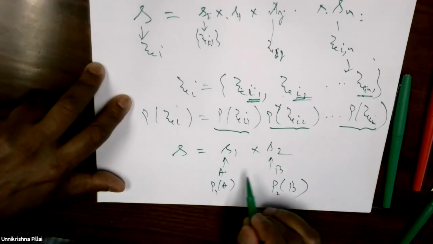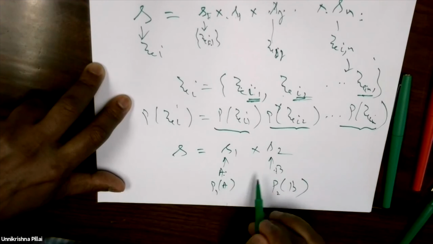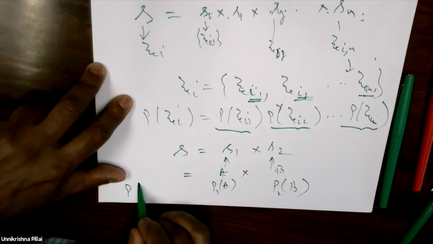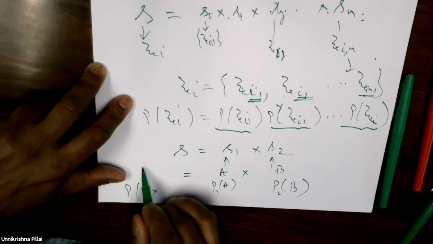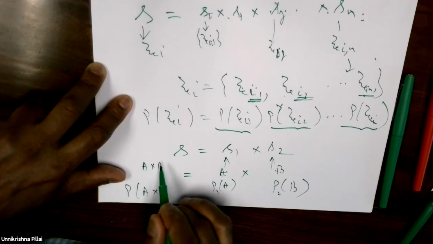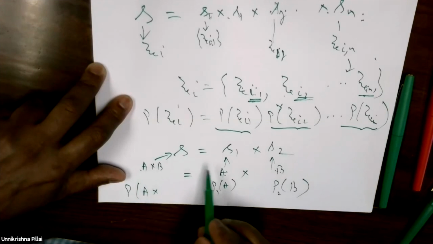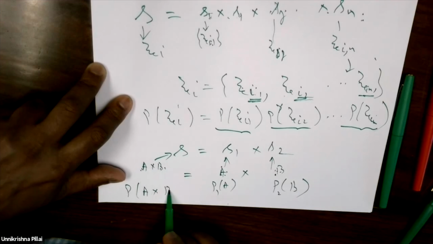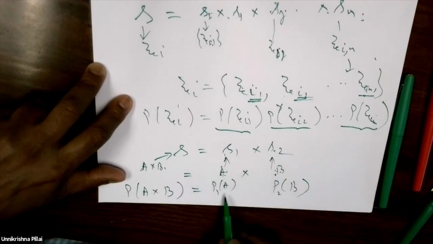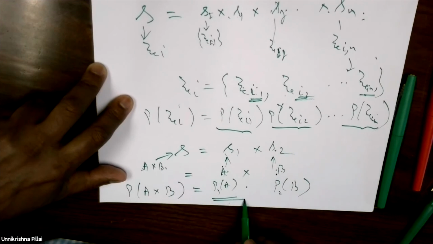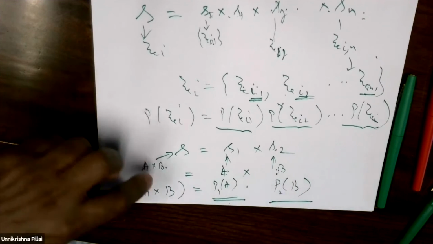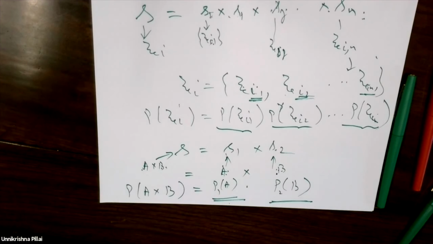And the Cartesian product of the two we will denote as A cross B. What that means is A belongs to the first experiment and B belongs to the second experiment. So the probability of this event, if S1 and S2 are independent, is going to be P1A multiplied by P2B. So that's the way we are going to compute.